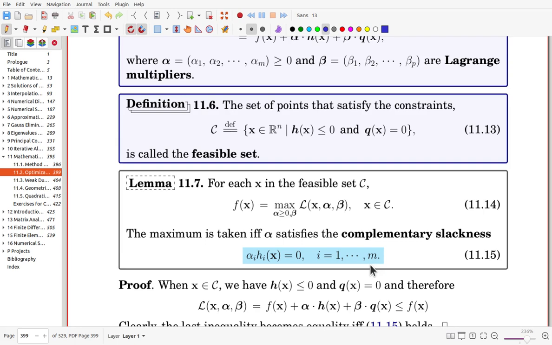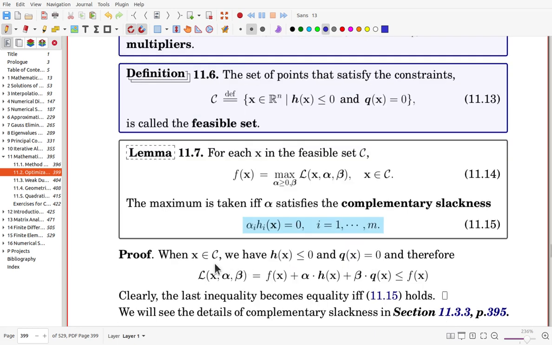Once you choose x inside the feasible set, h is non-positive and q is 0. The alpha portion is non-negative, so this whole thing is non-positive, and the q portion is 0, so f is larger than or equal to this whole thing.